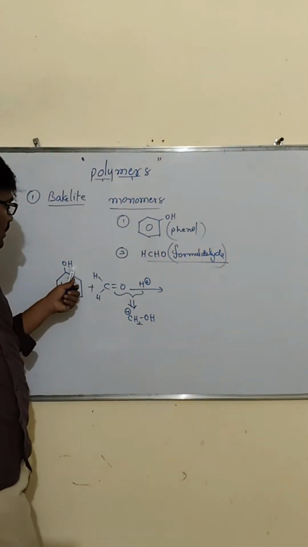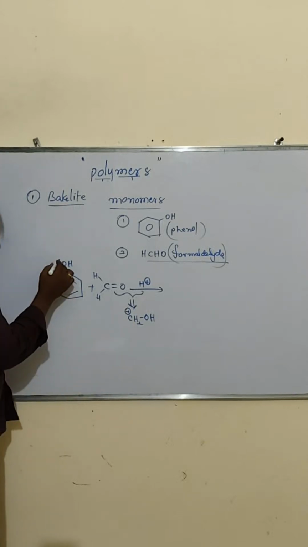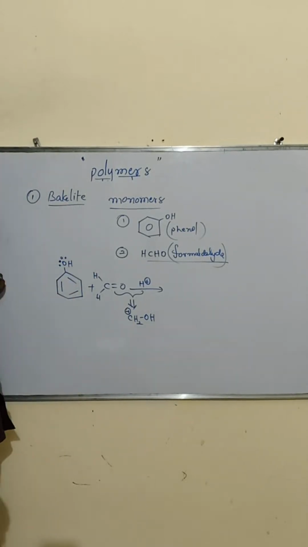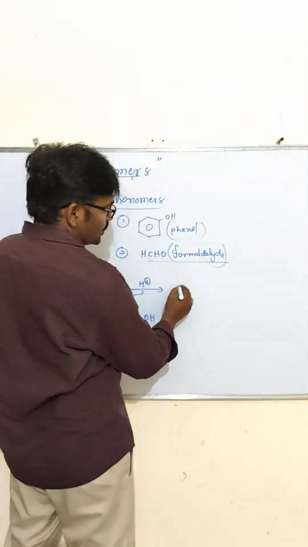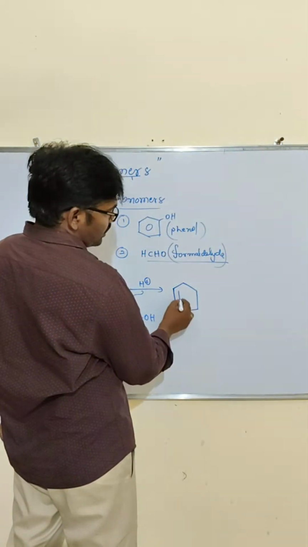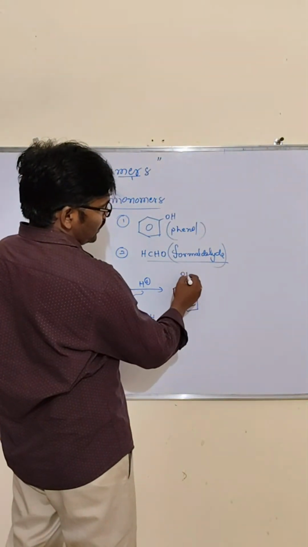Phenol is an electron donating group, sir, because of the presence of lone pair of electrons on it. So there will be delocalization in the ring. Electrophilic substitution takes place at the ortho and para positions, because it is an electron donating group.